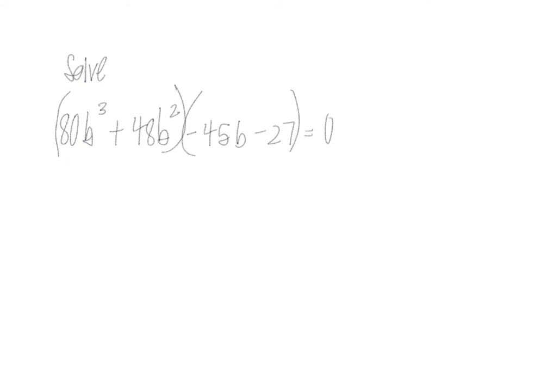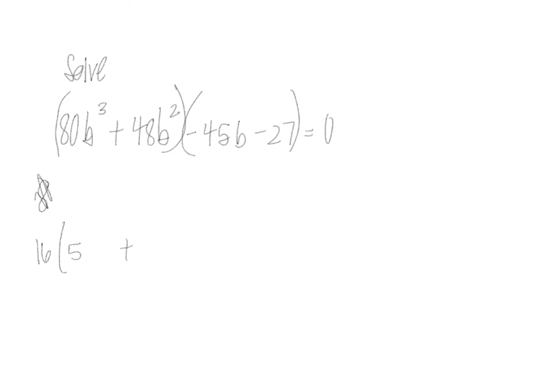80 and 48. I think 8 is the biggest number that they have in common. Let me just double check. Actually, it's not 8, it's 16. So 80 divided by 16 gives us 5.